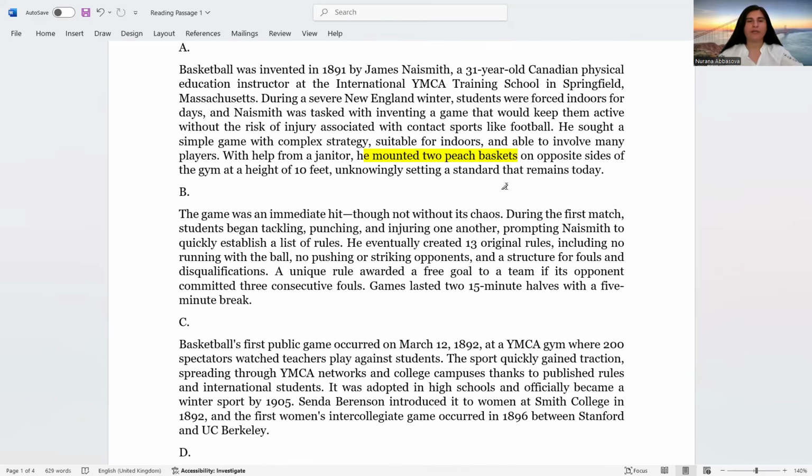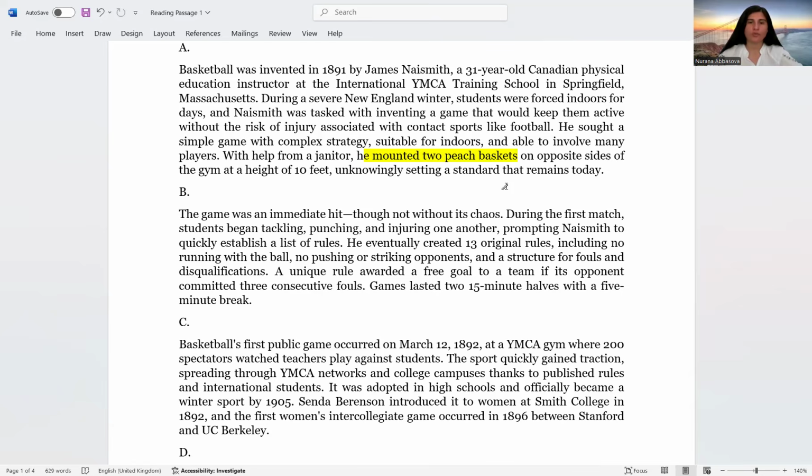Okay, paragraph B. The game was an immediate hit, though not without its chaos. During the first match, students began tackling, punching, and injuring one another, prompting Naismith to quickly establish a list of rules. He eventually created 13 original rules, including no running with the ball, no pushing or striking opponents, and the structure for fouls and disqualifications.